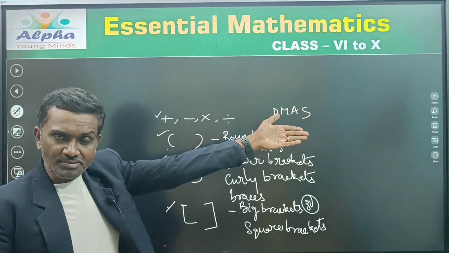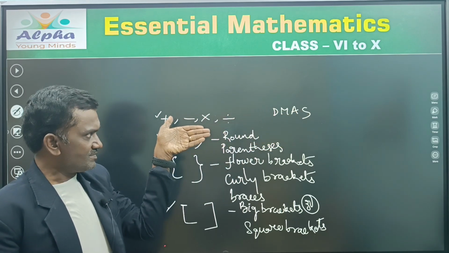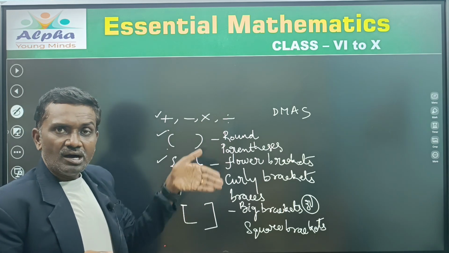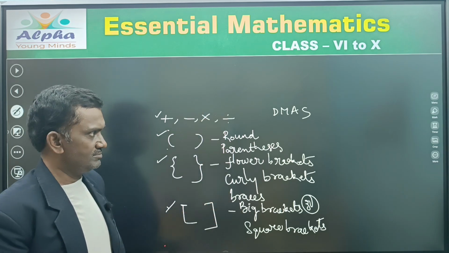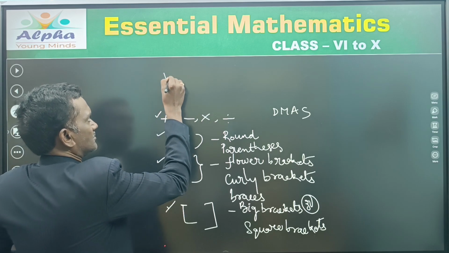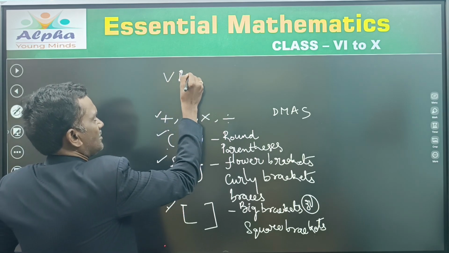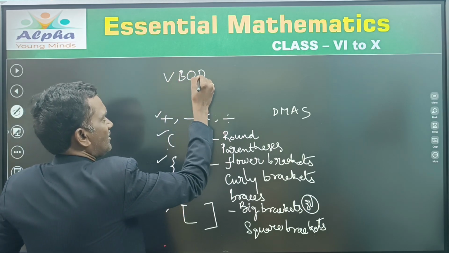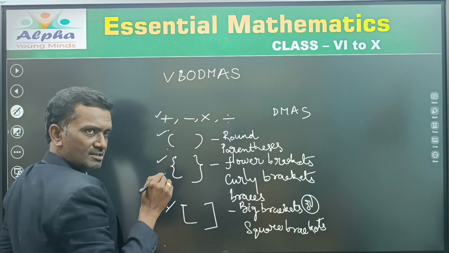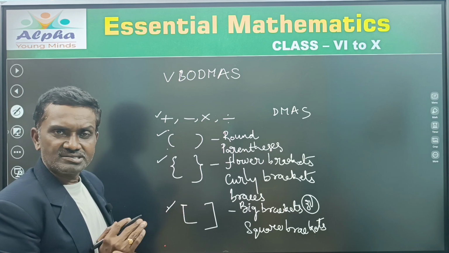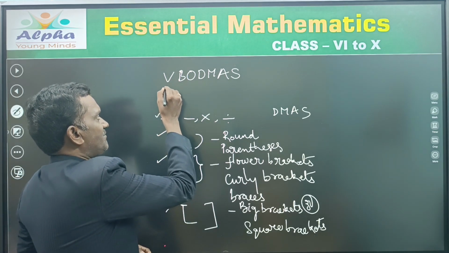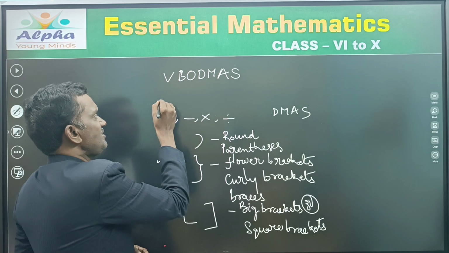As I told you, BODMAS should be used for the expressions involving these operations. Whenever all these are involved, how to simplify? V, B, O, D, M, A, S, nothing but BODMAS. Here, V stands for vinculum.